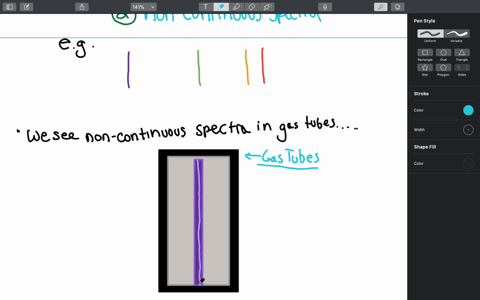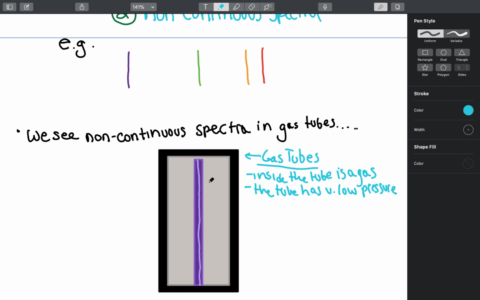So this is a box, and inside the box, there's like a little crevice, and inside that crevice is a tube. And inside the tube is a gas. So this gas is present inside the tube, and the tube has very low pressure.